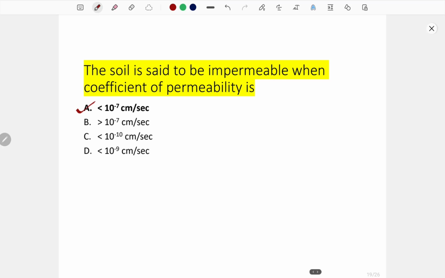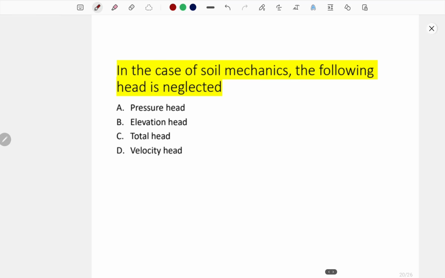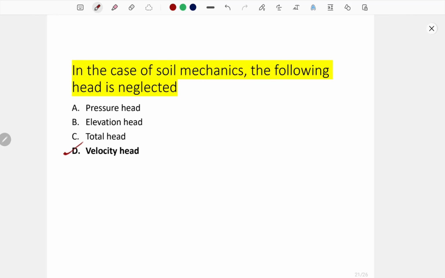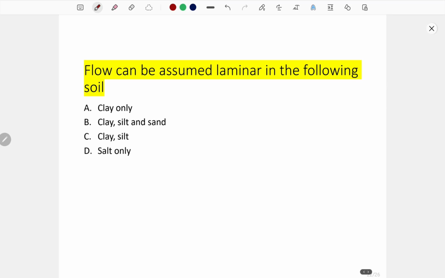In soil mechanics, the velocity head is neglected. The flow can be assumed laminar in clay, silt and sand.